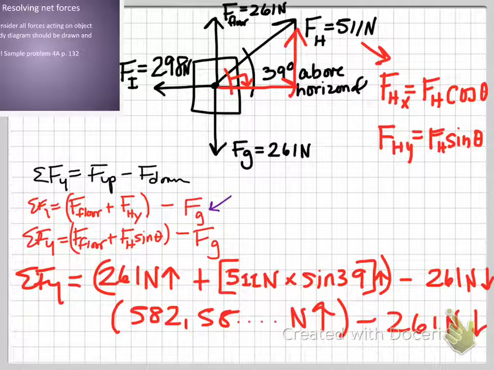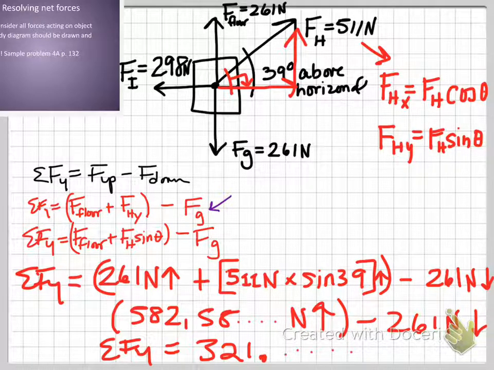So we have a net force on this thing, sum of forces on the y. Oh, duh. Well, that was silly. 321 point blah blah blah. Okay. Well, I should put in the 0.58 blah blah blah newtons, and that's upward.